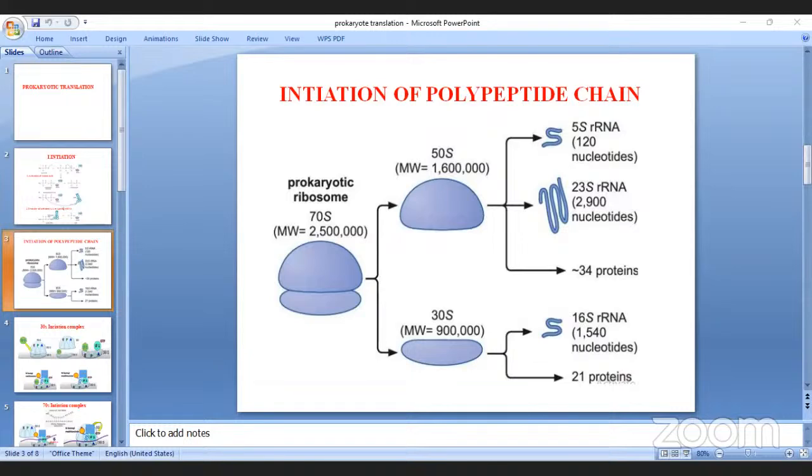So two requirements are completed: amino acids and tRNA. Both are present in the cytoplasm. But first of all, these amino acids are in an inactivated state. When these inactivated amino acids react with ATP energy, they are activated. The activated amino acids bond with tRNA. Now the activated tRNA complex forms. Now another requirement is the ribosome.